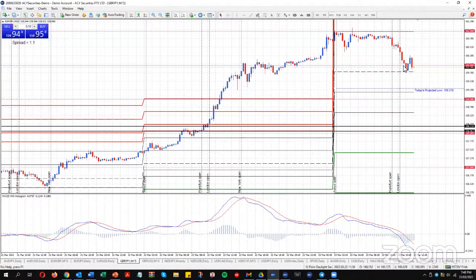So the low of the day will come in at or even slightly above the central pivot point. What we're seeing here on the pound yen is that the intraday low at the moment is the central pivot point. That might be as far as it pulls back today.